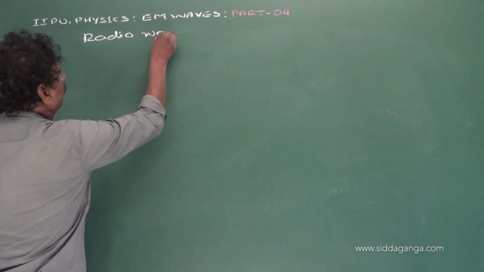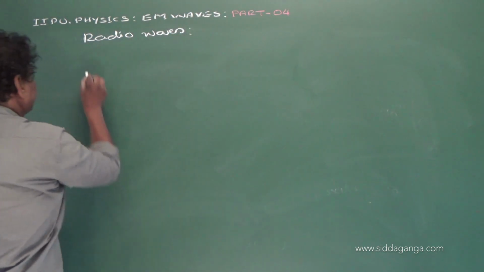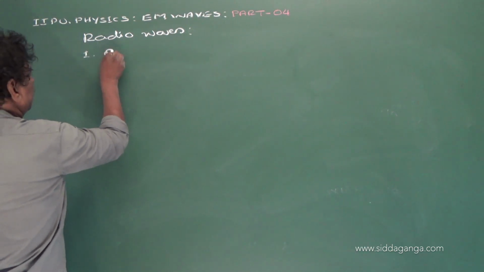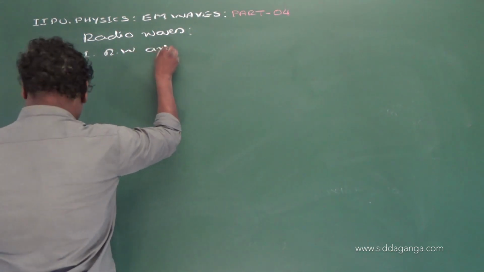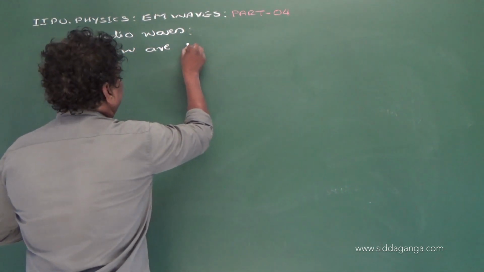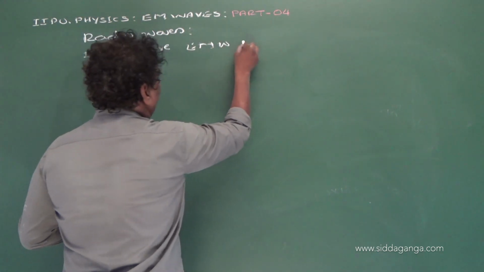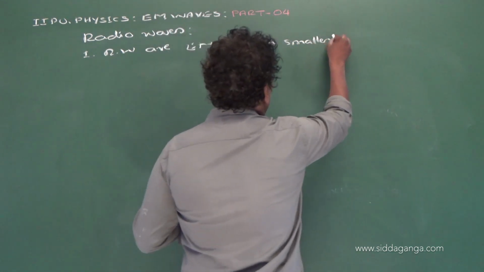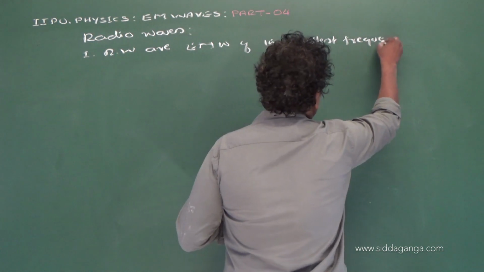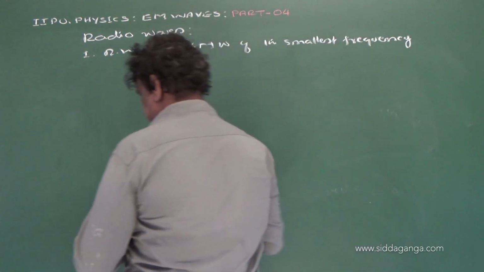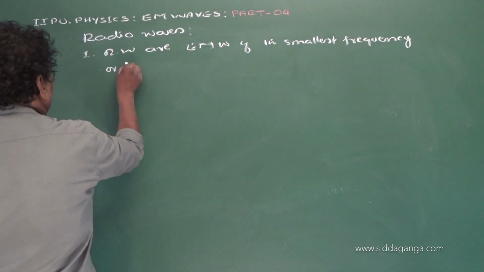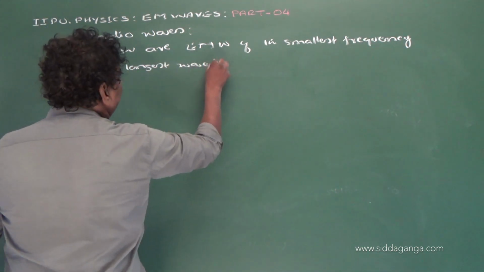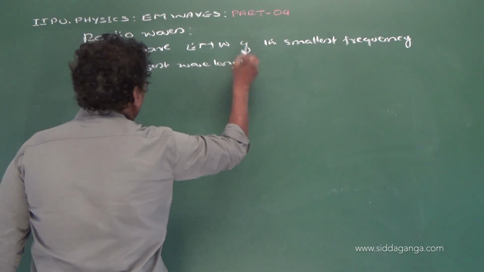radio waves. So, number one, radio waves are electromagnetic waves of the smallest frequency or longest wavelength, right?